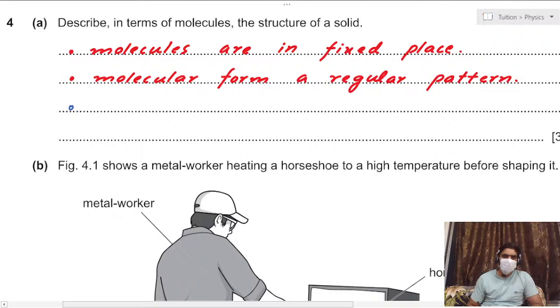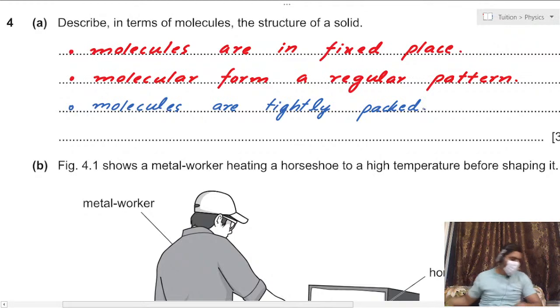And the third one, you can write molecules are close together or tightly packed. Yeah, tightly packed. Good, Momina.